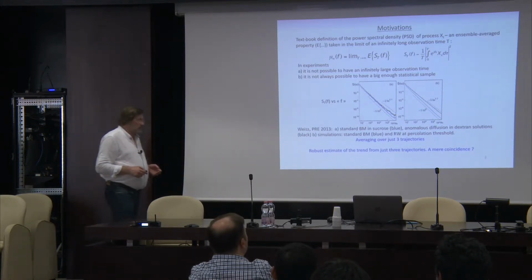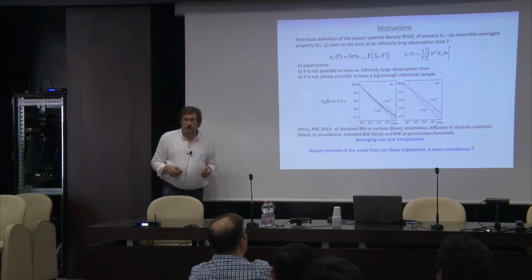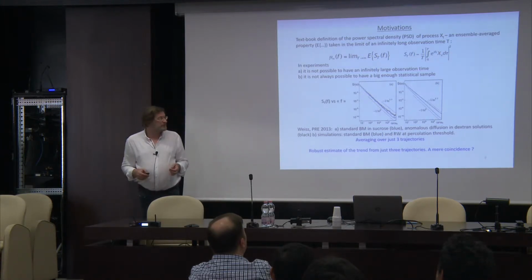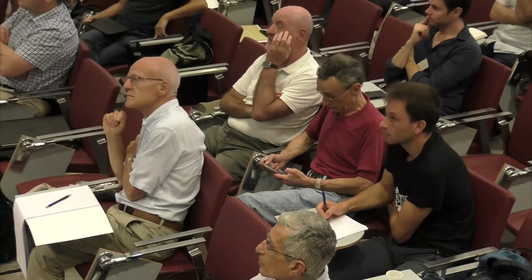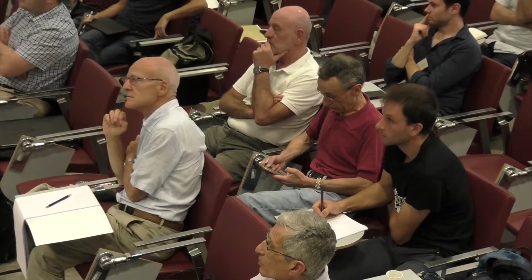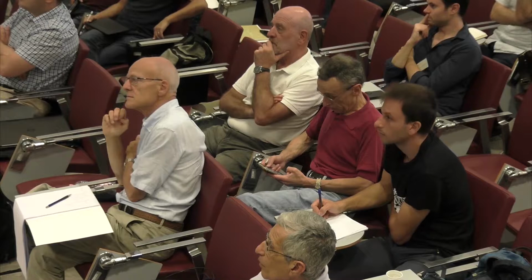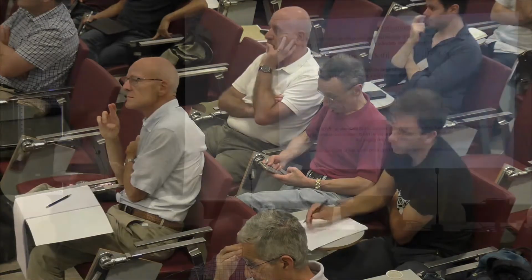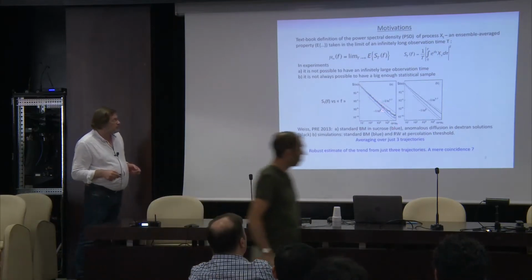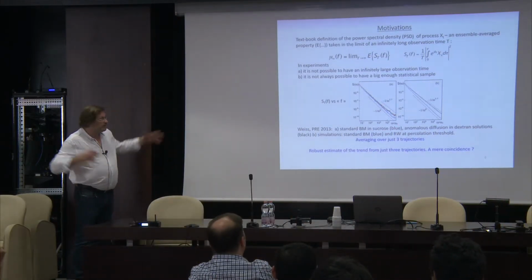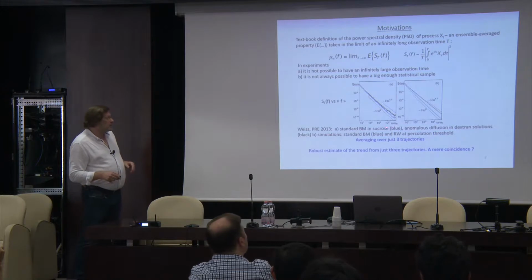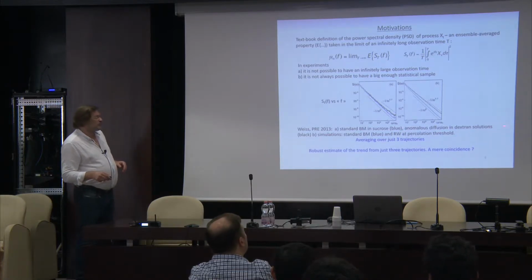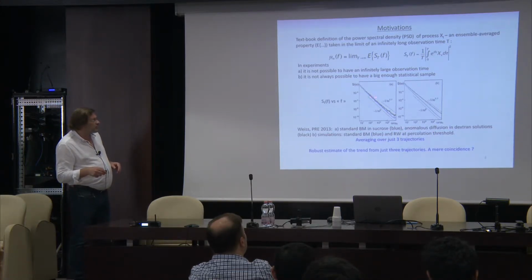Actually, the motivation of our work came from some experimental studies of Matthias Weiss from University of Bayreuth, who looked at several stochastic processes. One was standard Brownian motion in sucrose, this blue curve here. I will show on the next slide a bigger version of this figure. Second was anomalous diffusion in dextran solution, a viscoelastic solution, the curve above.